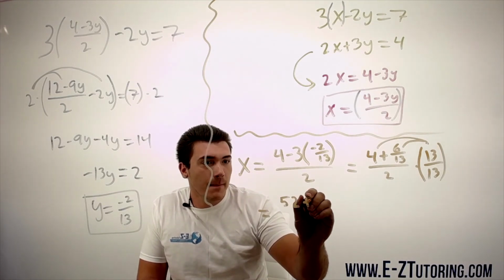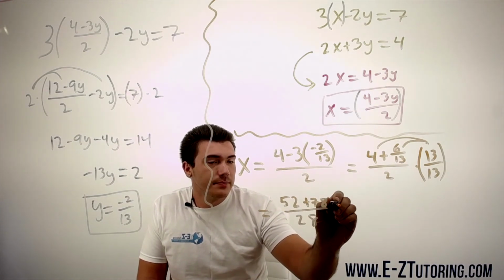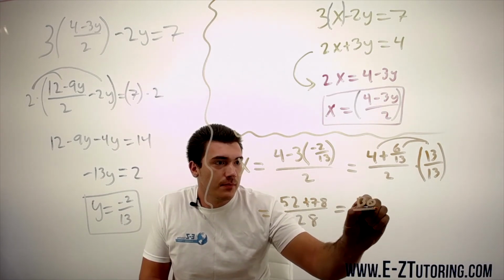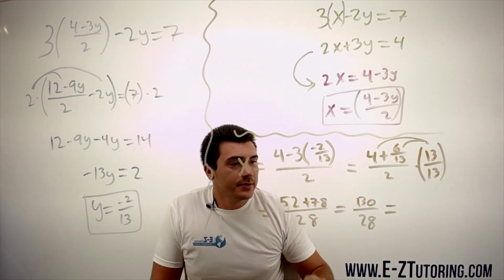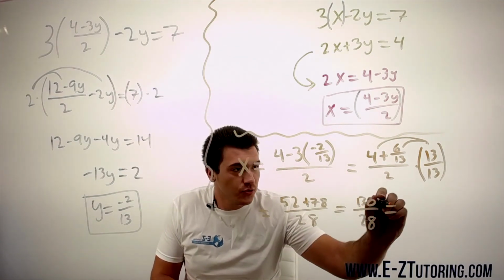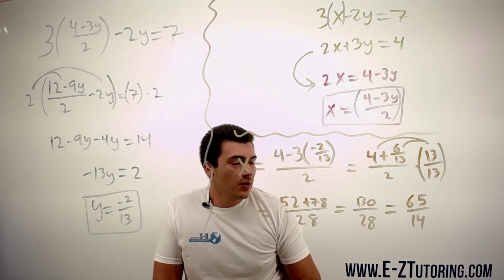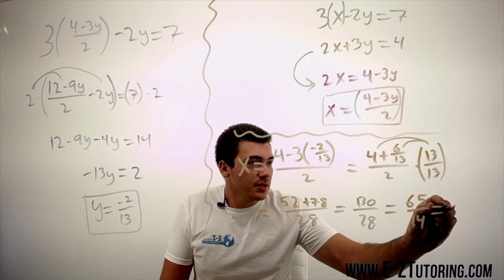Yep, 78 over 26. And then this is 130 over 28. And that simplifies to 65 over 14, I believe. I don't think that simplifies anymore. Nope. So this is your x.